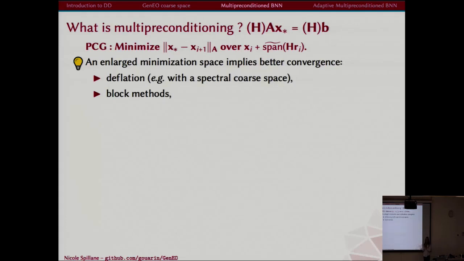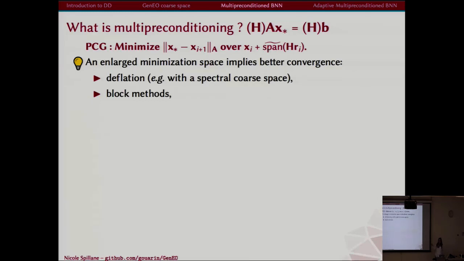We're solving A x star equal b, and we have a preconditioner H. At iteration i plus 1, the PCG algorithm returns the approximate solution x_{i+1} that minimizes the error over the space that is the previous approximate solution x_i plus something in the span of the preconditioned residual.